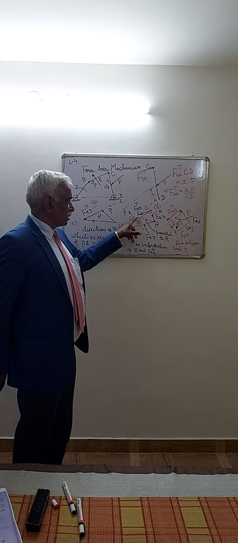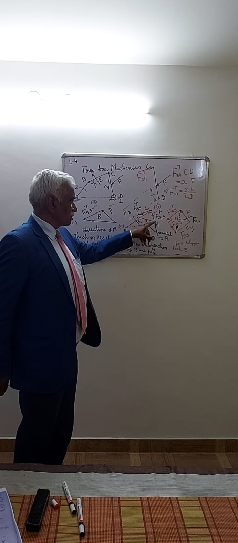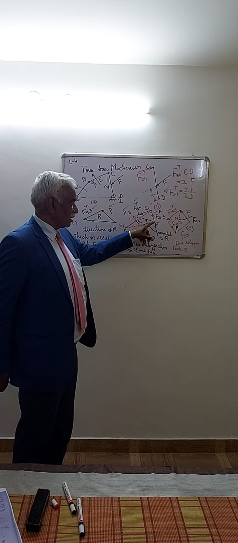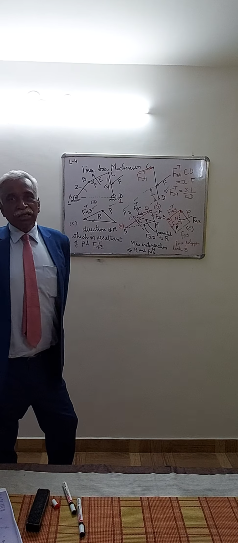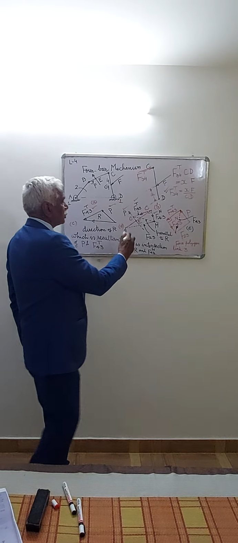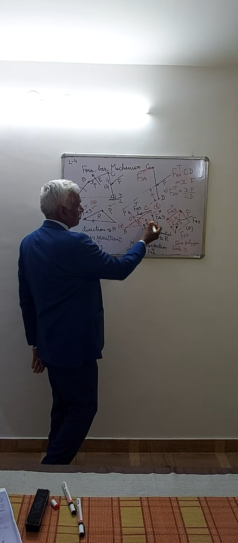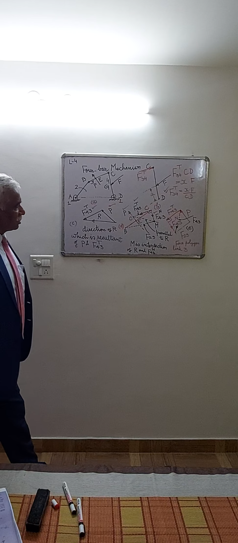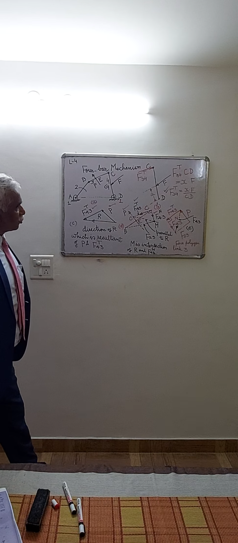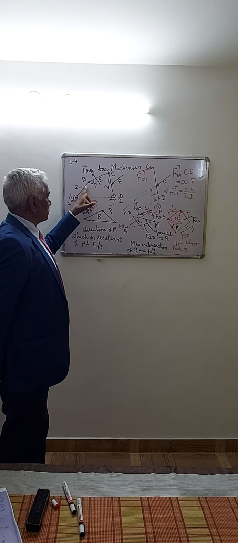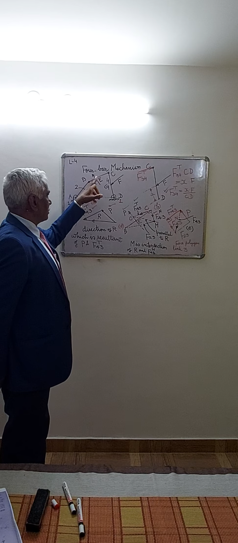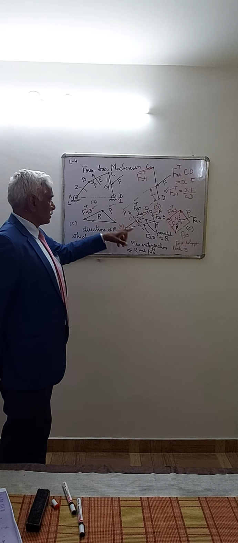This force and the line of action of the resultant R intersect at point M. Now, if you join B to M, BM will be the direction of the force applied on link number 3 from link number 2, that is F23.